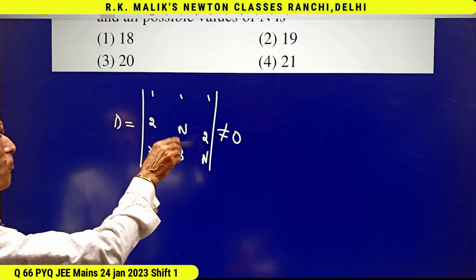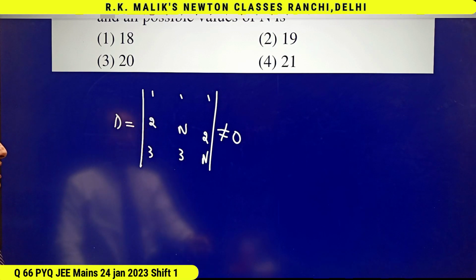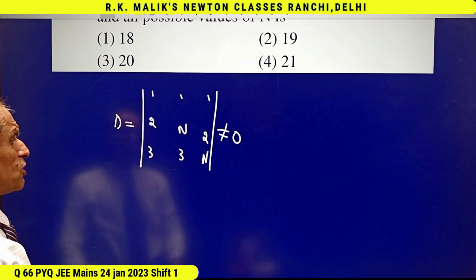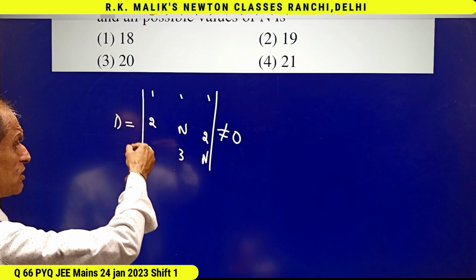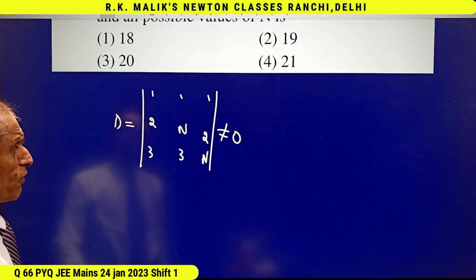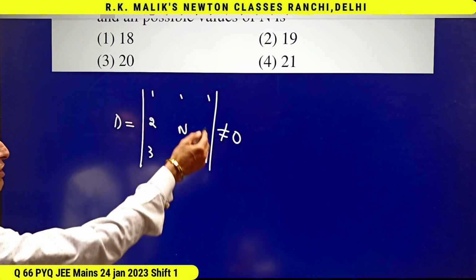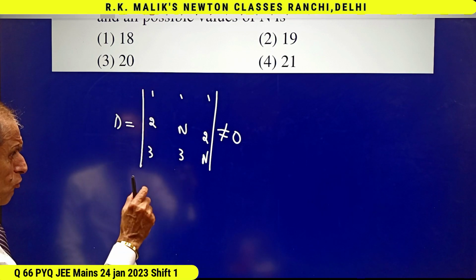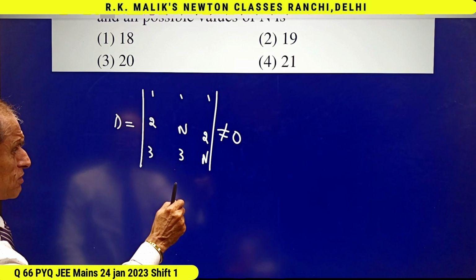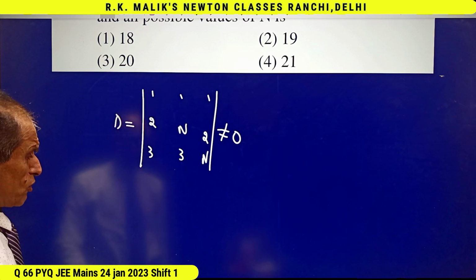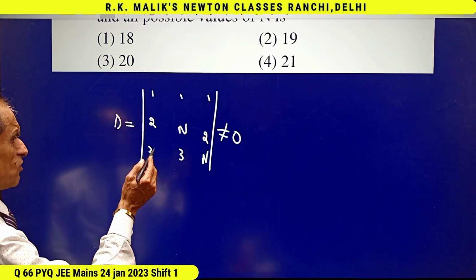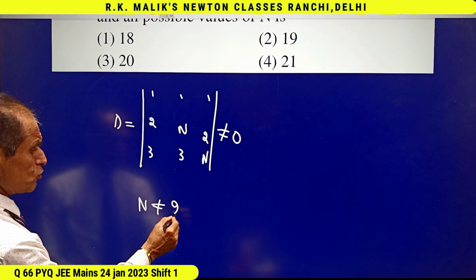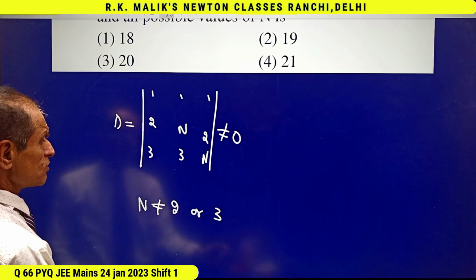Obviously, without opening this determinant directly, I can say for n equal to 2, this will become 0. For n equal to 3, this will become 0. For any other value of n, it will be non-zero, because a quadratic equation becomes 0 only for two values of the variable. That is, for this to be non-zero, n should not be equal to 2 or 3.